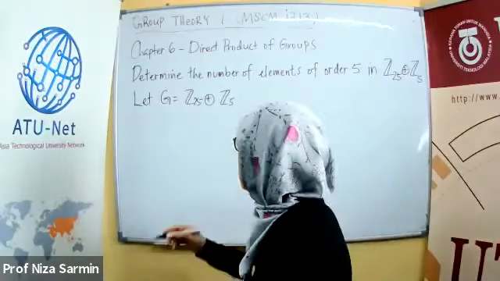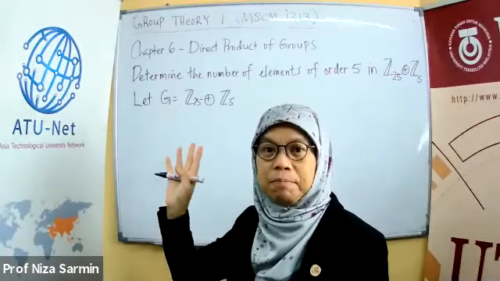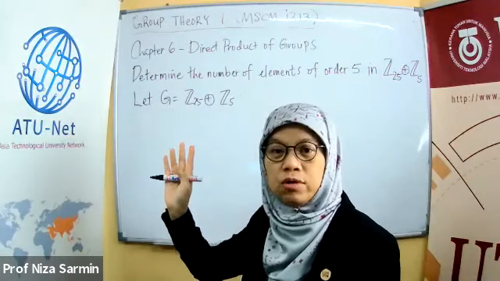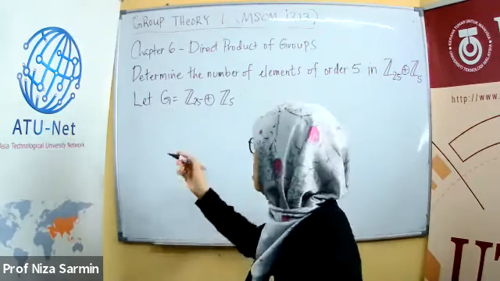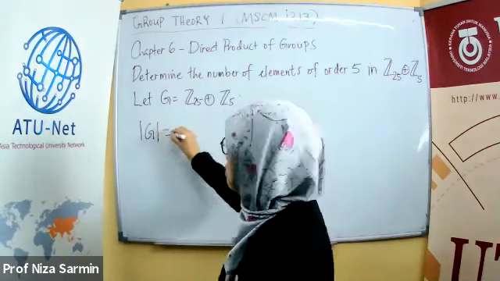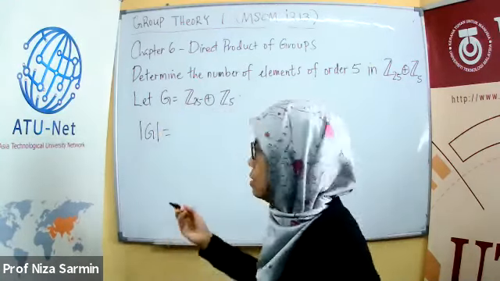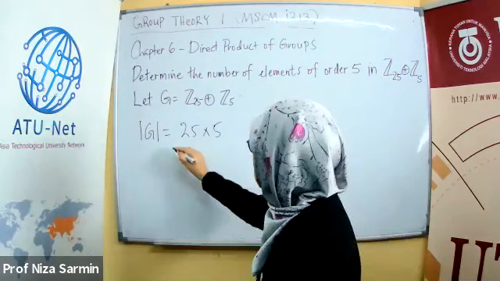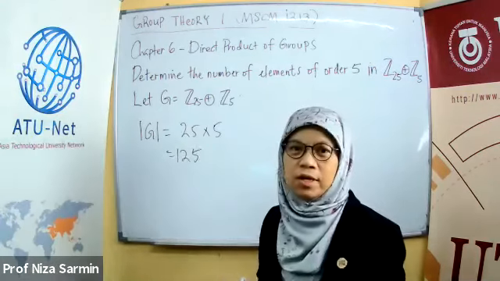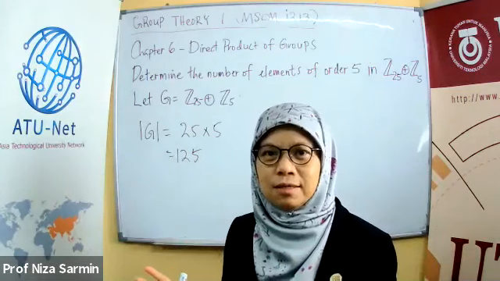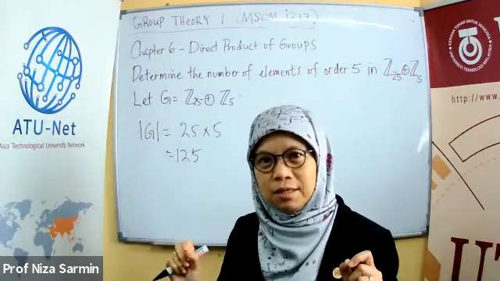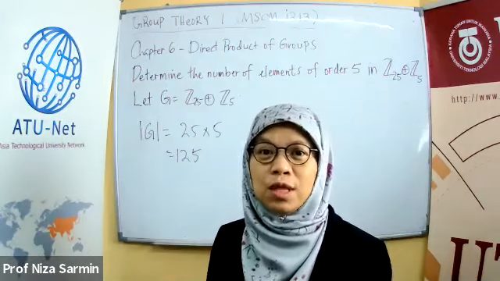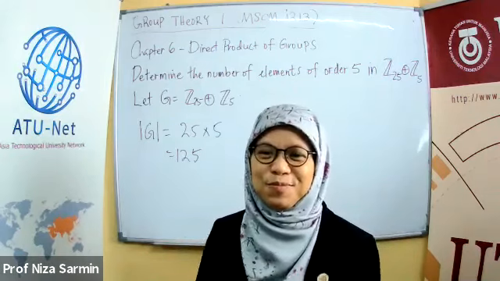So we want to find elements in Z25 plus Z5 that have order 5. How many elements in G? So what is the order of G? 25 times 5, which is 125. Before this, what we did is list all elements and then find the order one by one. But what if there are 2,000 elements in the group?